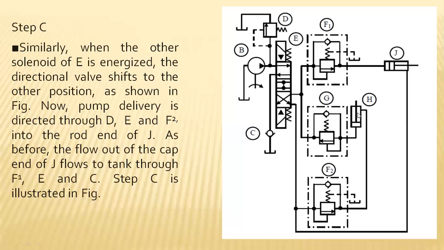So that is the return movement taking place. That is also a control strategy because of the actuation alignment in the G sequence valve. That is the condition taking place. So this is the sequence condition.